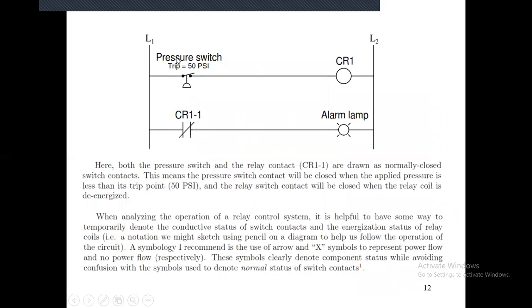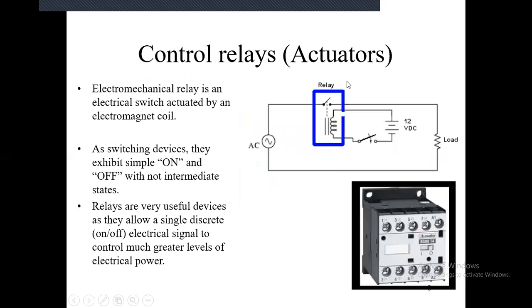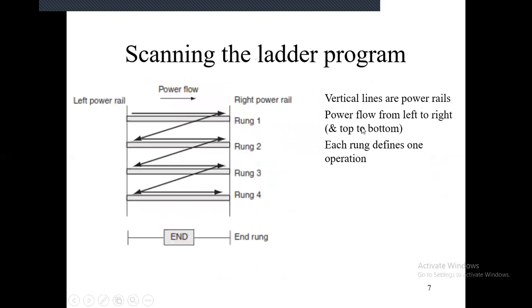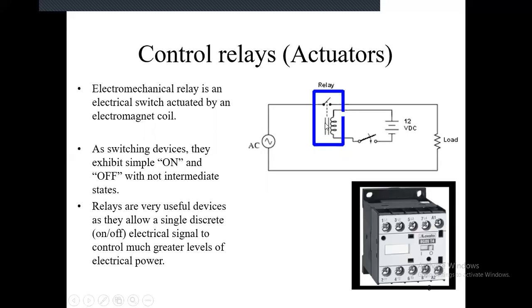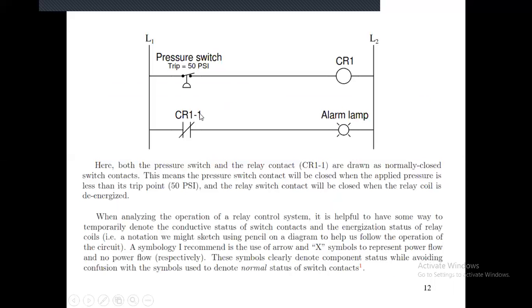Here is an example. There is a pressure switch, so it will make the coil energized. When I'm talking about CR1, I'm talking about this portion, okay? And when we are talking about CR1-1, this is one contact of the CR1, the relay contact.